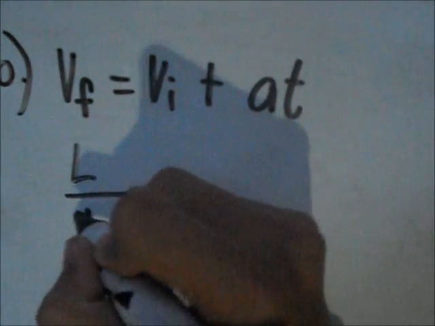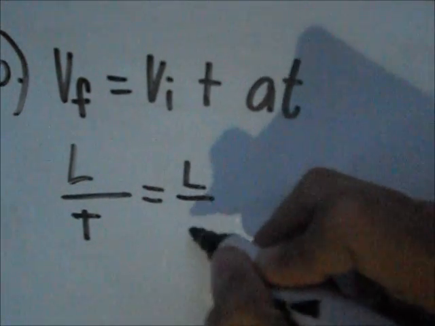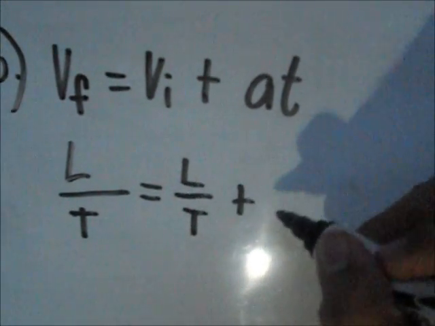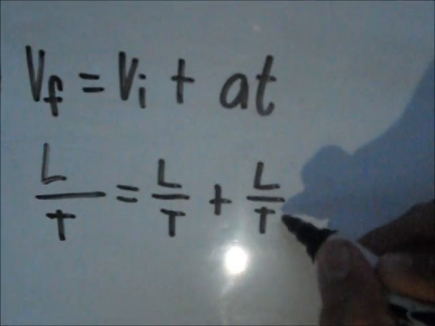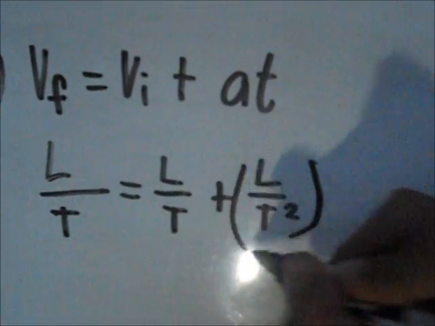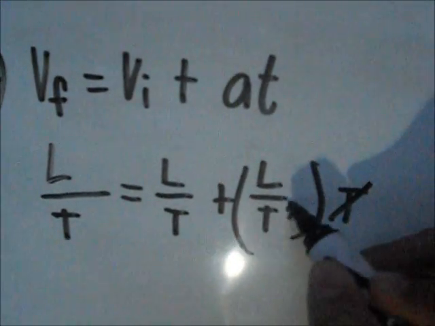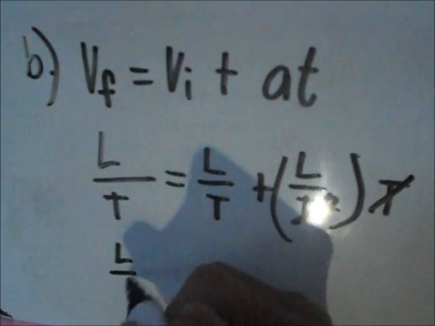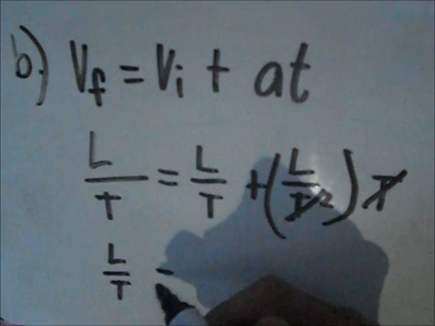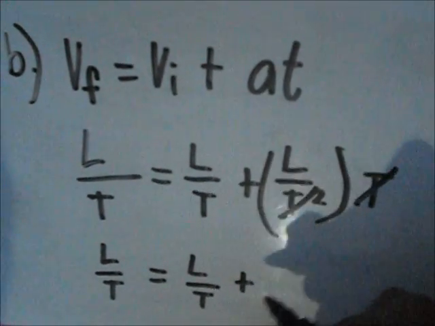And let's now derive the given formula. Final velocity is equal to length over time, and initial velocity is equal to length over time also. Plus, for acceleration, it's length over time squared and remain the quantity time. So now, length over time is equal to length over time plus length over time.